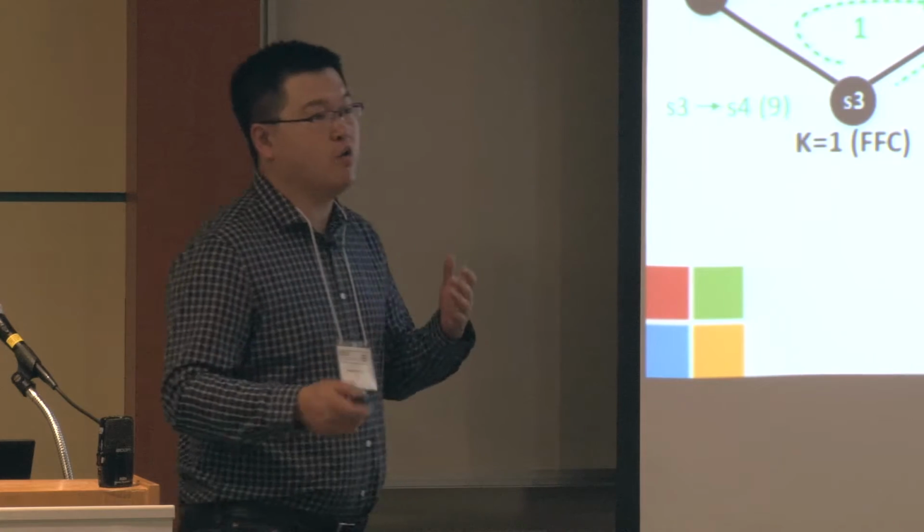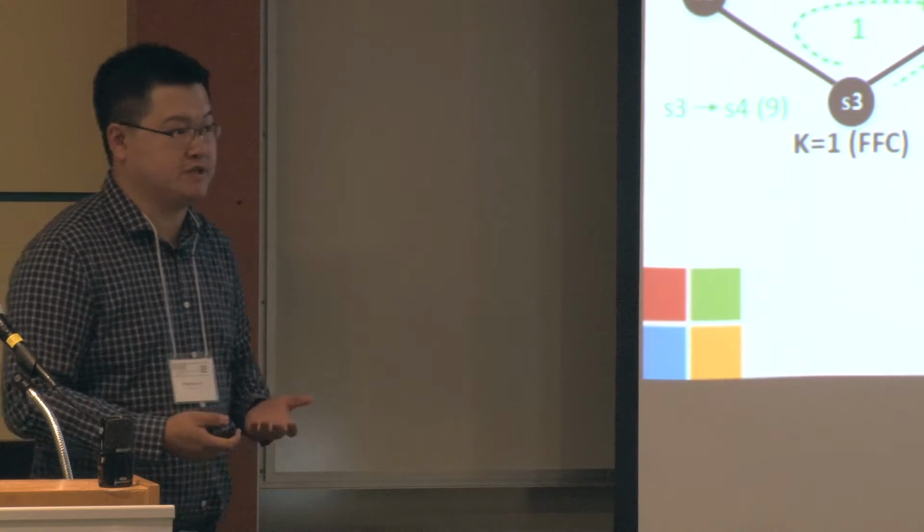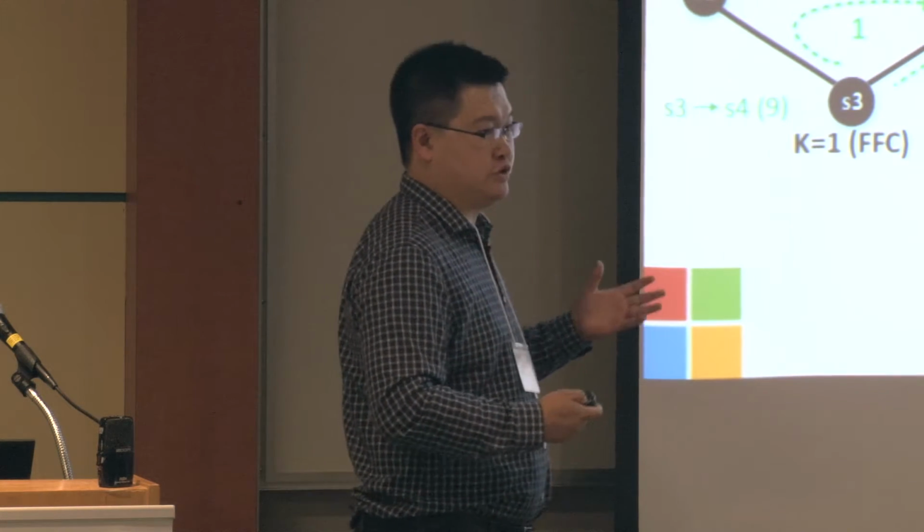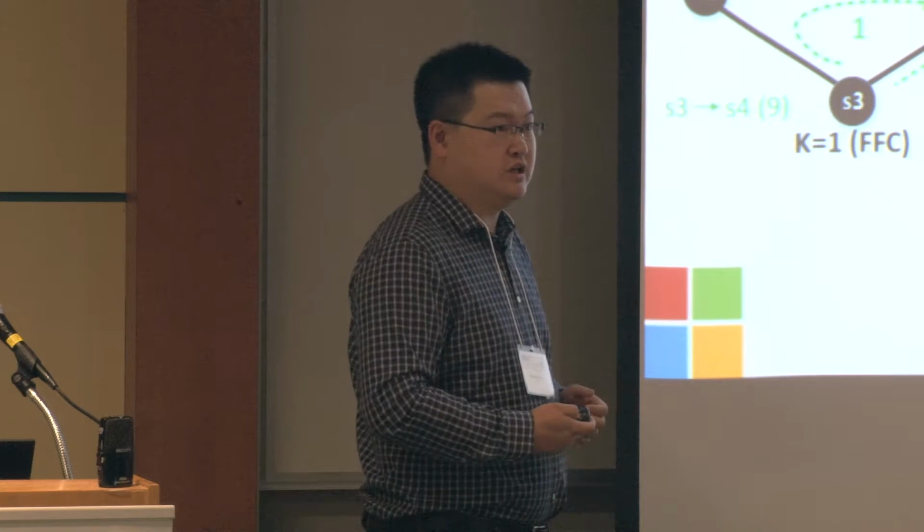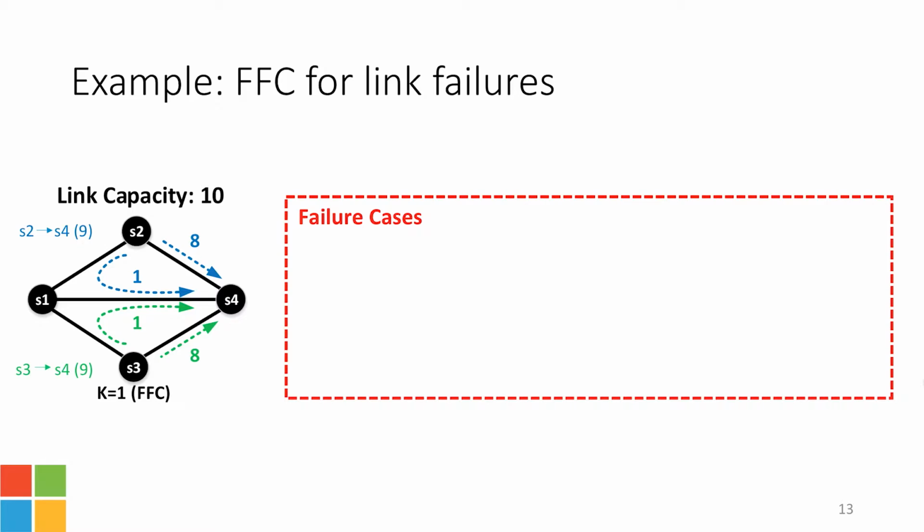So before showing you how we systematically achieve the FFC concept, let's look at an example to show you that this kind of robust TE does exist. This network has 2 flows, and the traffic demand is 9, and they are using 2 paths, split with 1 and 8. And I would say this is FFC with k equals 1 for links, so it's resilient to any single link failure on this topology.